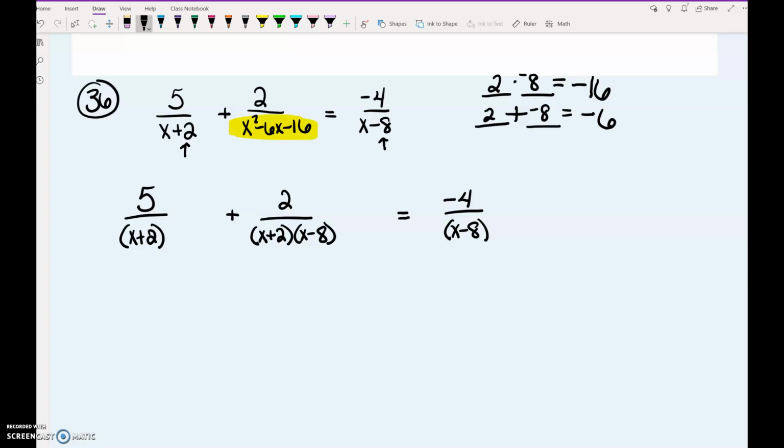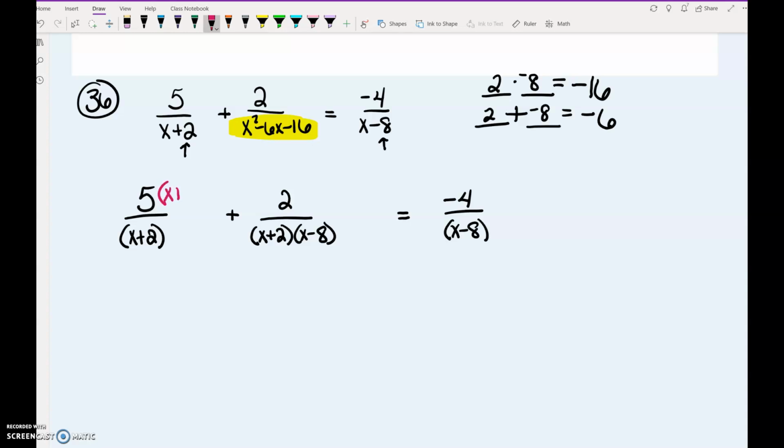So instead, I like to destroy the fractions. When you think about destroying the fractions, you want to multiply every single term by the factors that you see in the denominator. What factors do you see in the denominators? There's x plus 2, and there's x minus 8, and then there's some combination of x minus 2 and x plus 2 and x minus 8.